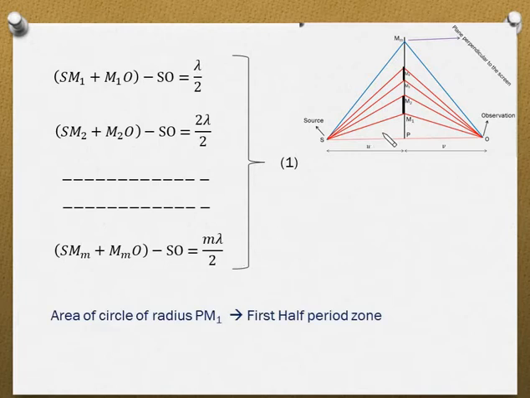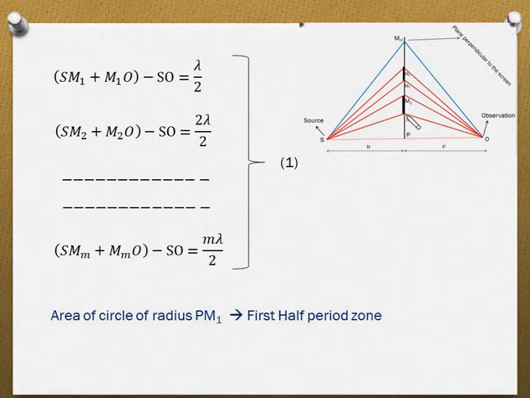Now, as we have seen in the previous image, consider the area of the circle with the radius PM1. Actually in 3D, this M1 is a point on that circle.